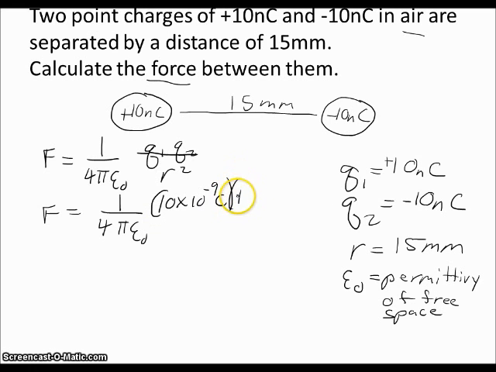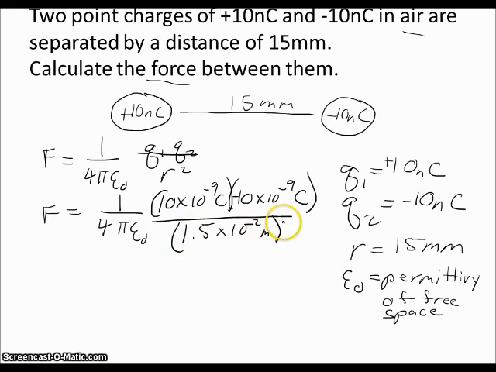Q2 is negative 10 times 10 to the minus 9 coulombs, divided by the distance between them squared, which is 1.5 times 10 to the minus 2 meters squared. So I'm in meters and coulombs, so I know that I've done it correctly.